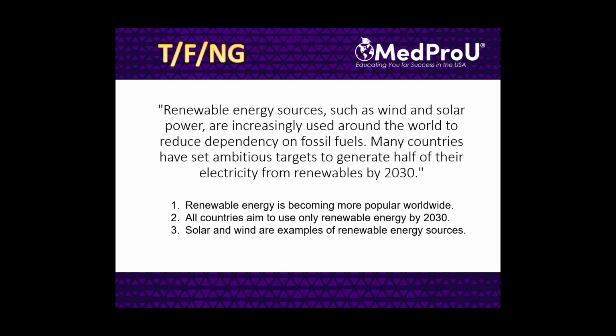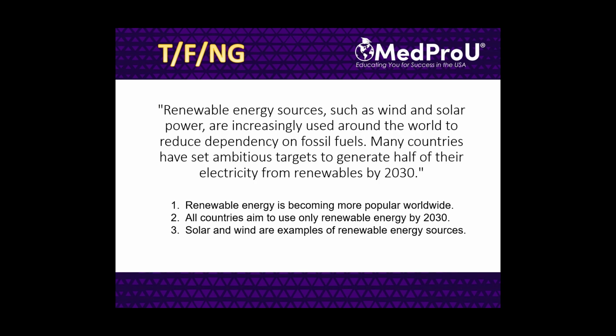Number three: solar and wind are examples of renewable energy sources. So it's true. Solar and wind are indeed examples, as stated. It was there, such as wind and solar power. It's not false because it's not telling you otherwise. It says here many countries have set ambitious targets, but if you say none of the countries have set them, this is incorrect.